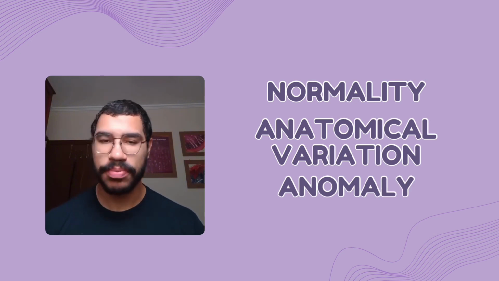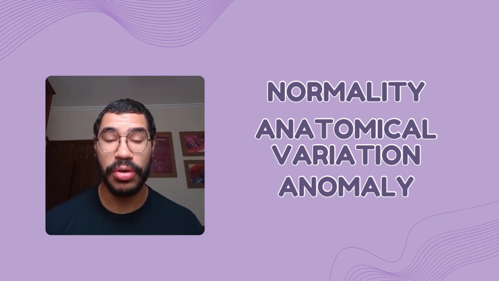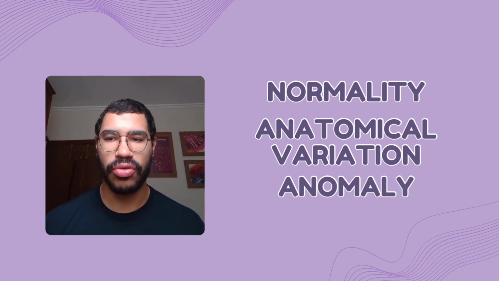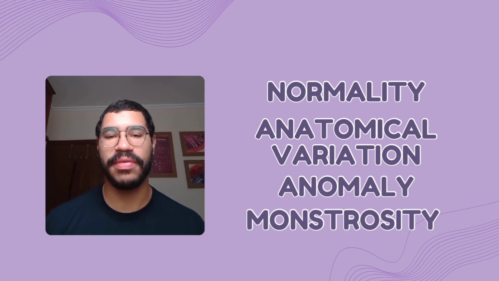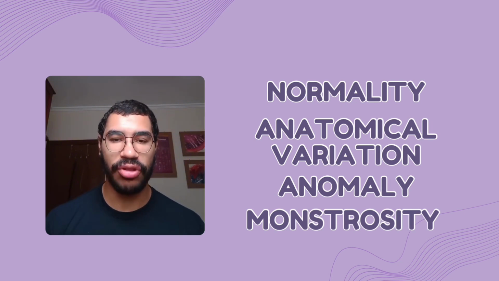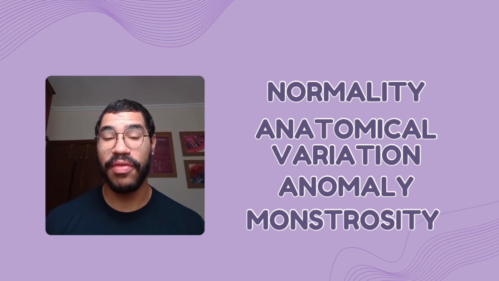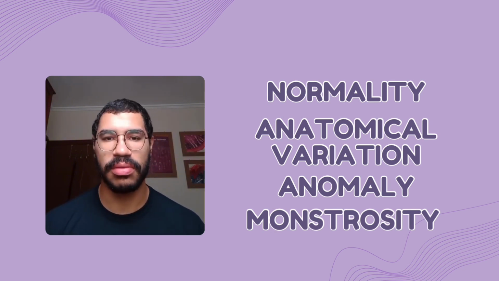However, anomaly is when something is not only out of the normal, so it's not expected to occur, but also there is functional loss, although life remains normal, life goes on. Finally, we have monstrosity, which is a very severe case of anomaly, meaning that not only functional loss will happen, but also life impairment, meaning that unfortunately, like I said, the patient will eventually die. It could be within days, hours, or weeks.